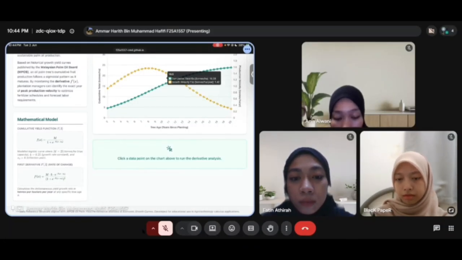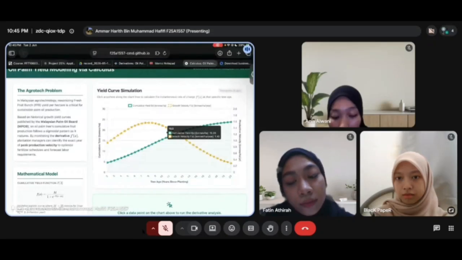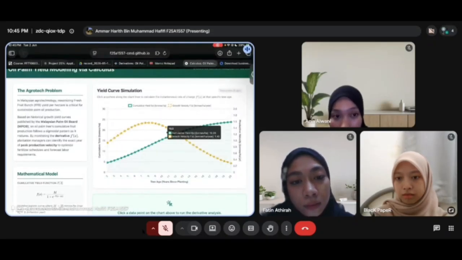Now, we are going to talk about yield curve simulation. Now we move to the graph. The green line represents cumulative yield, while the orange line represents growth velocity.